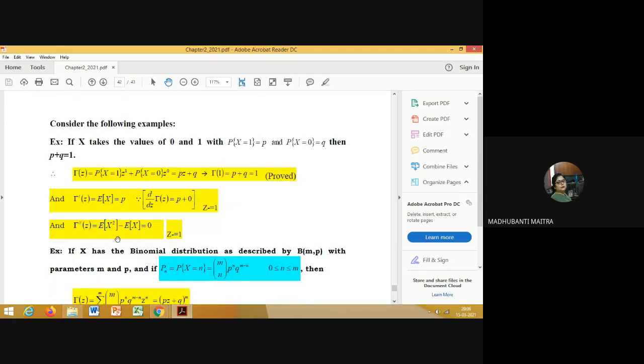So now we are taking the first derivative. That means we are trying to find out the first moment. So we are taking the first derivative of this function with respect to z, obviously, and that will give us the first moment. Look at this function. If we take the first derivative, the result will be simply p.